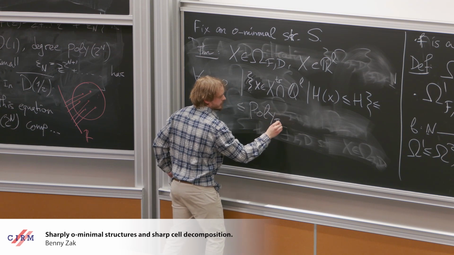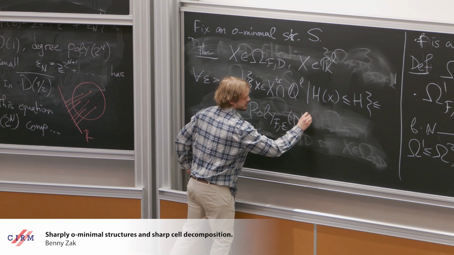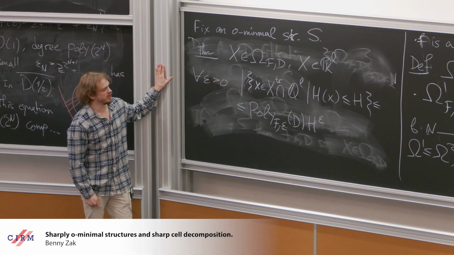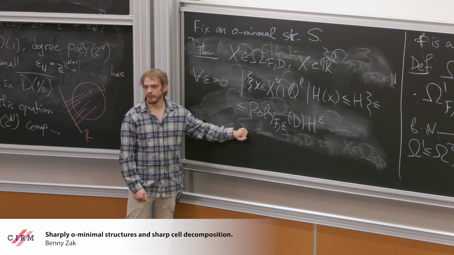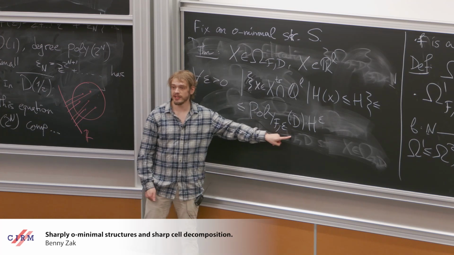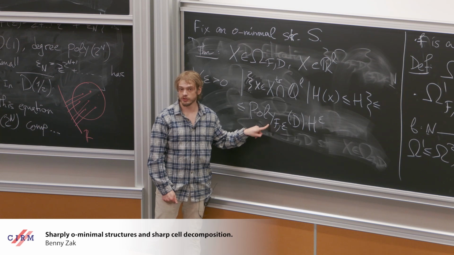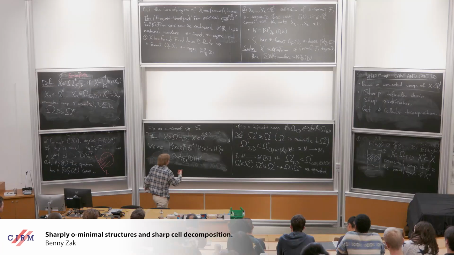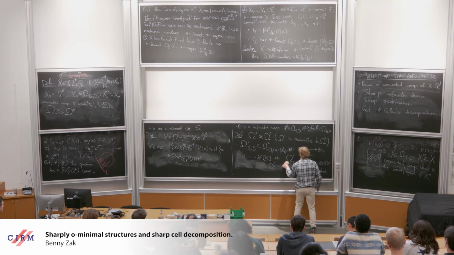So the general Pila-Wilkie theorem for the sharply minimal framework looks almost like the original one. The only difference is the constant now no longer depends on the geometry of X. It's not a huge improvement, although it is something.